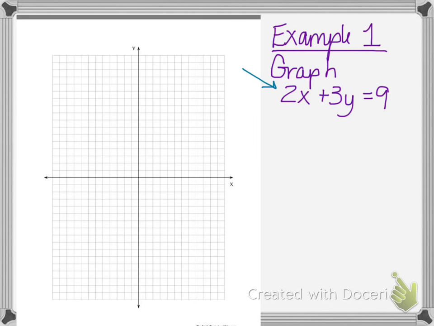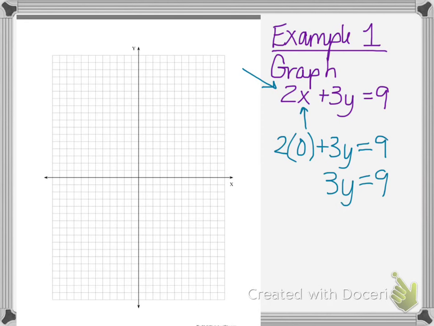By setting x equal to 0, we can find the y-intercept. So we can say 2 times 0 plus 3 times y is equal to 9, and so that becomes 3y equals 9 and y equals 3.